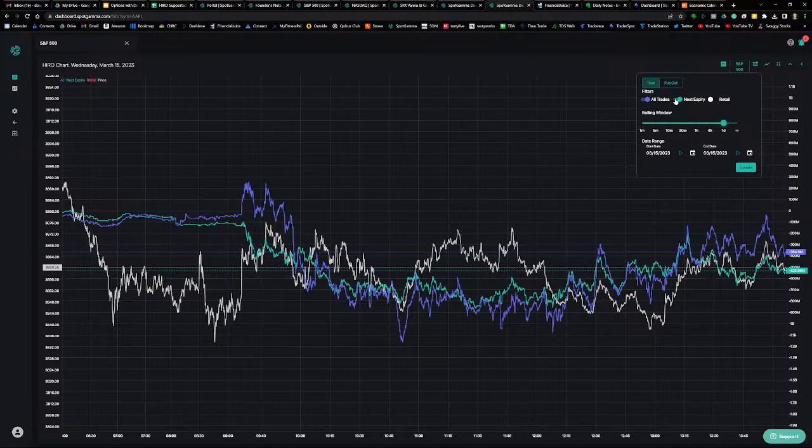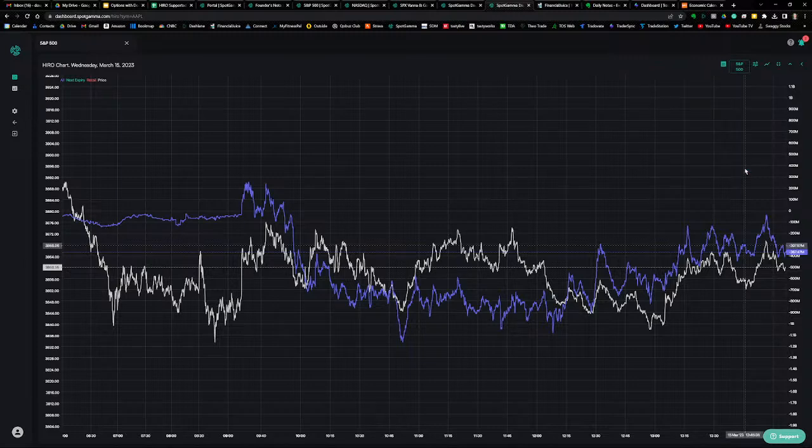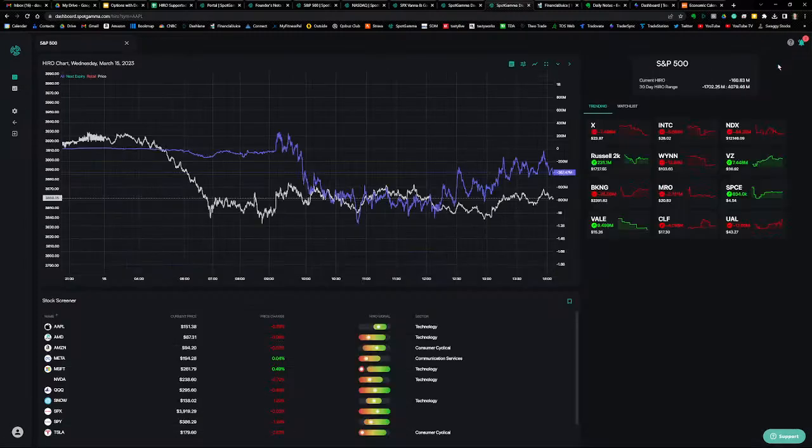I don't think it would for me. I would only look at 0 DTE if it was providing a cleaner signal, more in line with price action. All right, so that's the S&P 500.